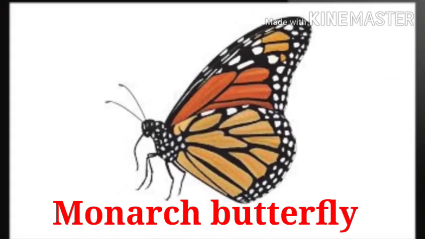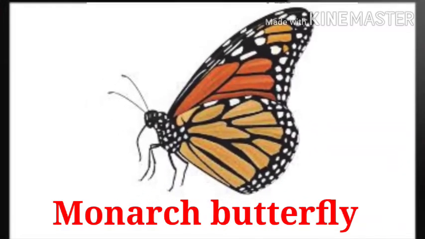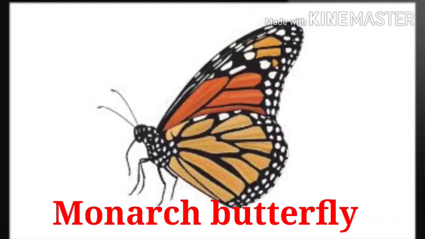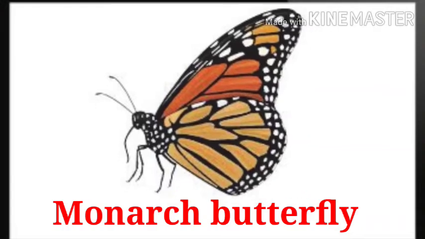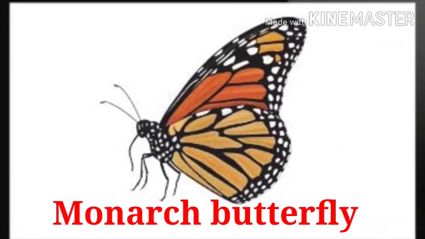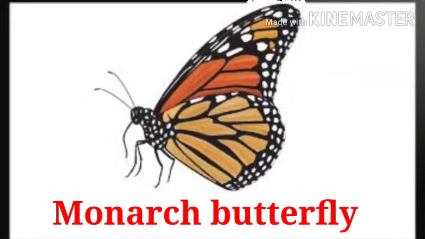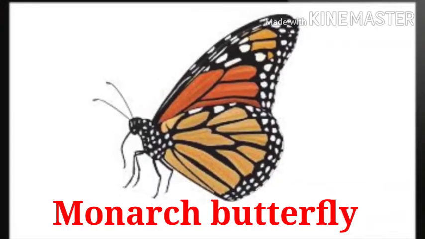Have you heard about monarch butterfly? A beautiful short-lived butterfly with its life dedicated for migration. An adult monarch butterfly flies about 3,000 miles from Canada and United States to hibernate along the California coast and in central Mexico.